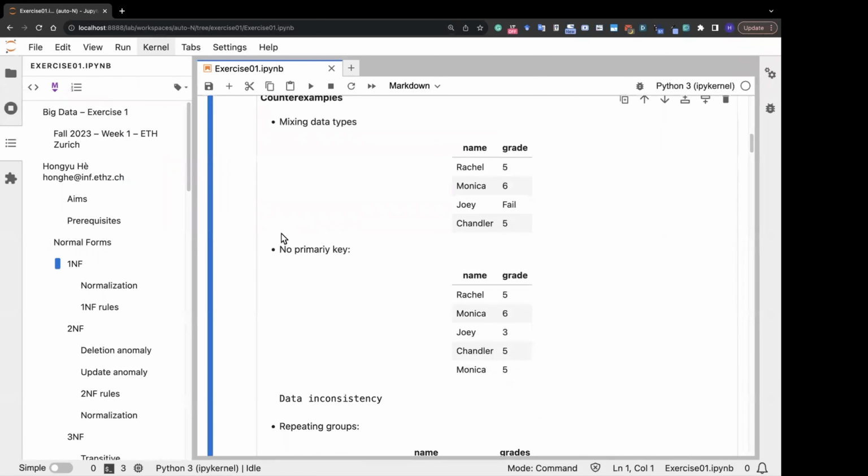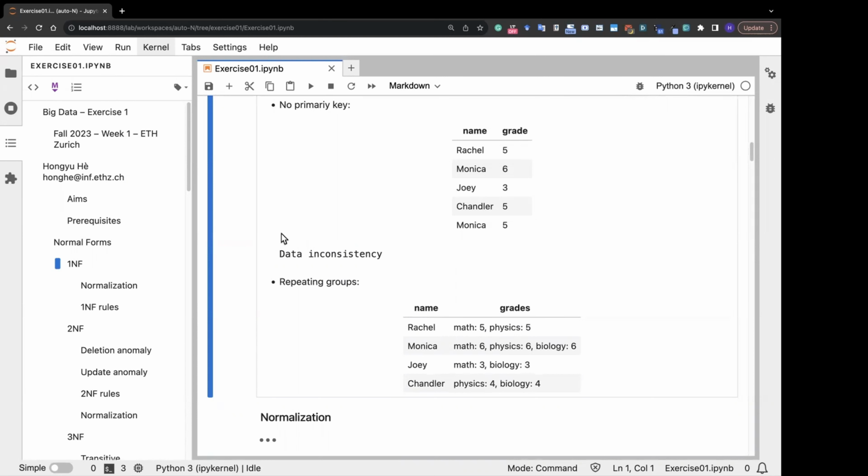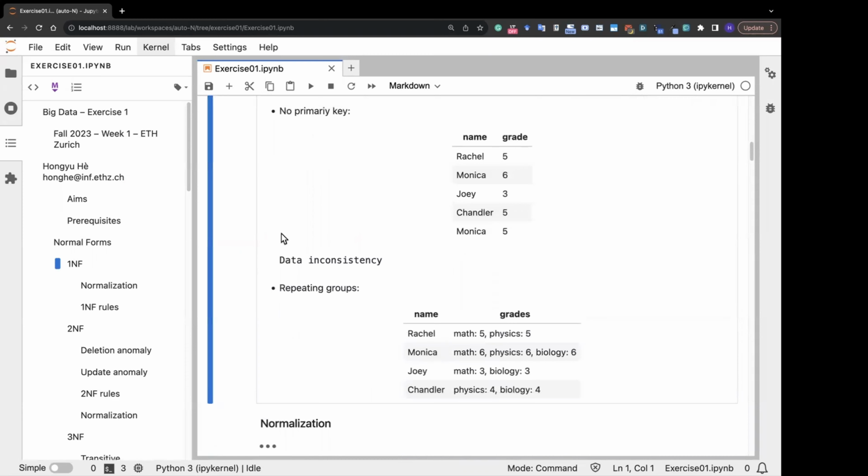We can also have repeated groups, meaning you have a list of values, multiple values within one cell. For example, grades in a dictionary-like format. Any ideas how to fix repeated groups within a cell? Any methods coming to mind?